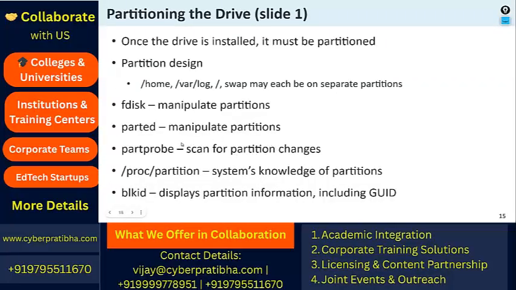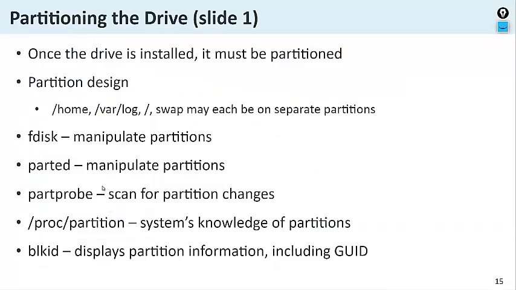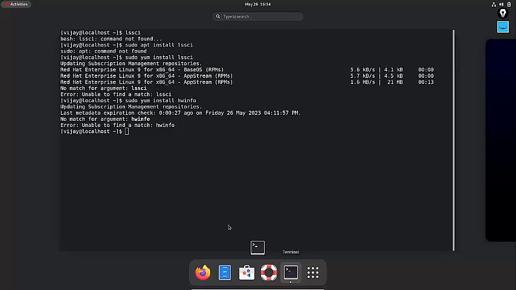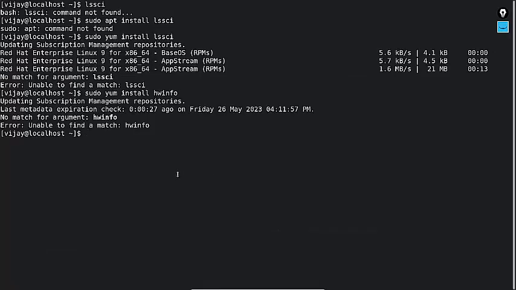For example, if you have created a partition, it will not display it, so you need to run the partprobe command, then it will start displaying it. If you need partition information, it will be displayed by using the blkid command. This command will display the information of the hard disk.